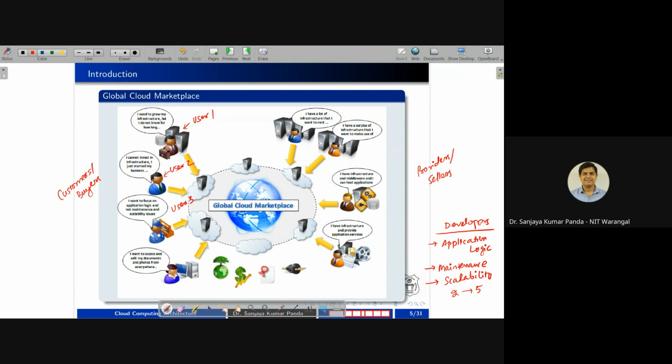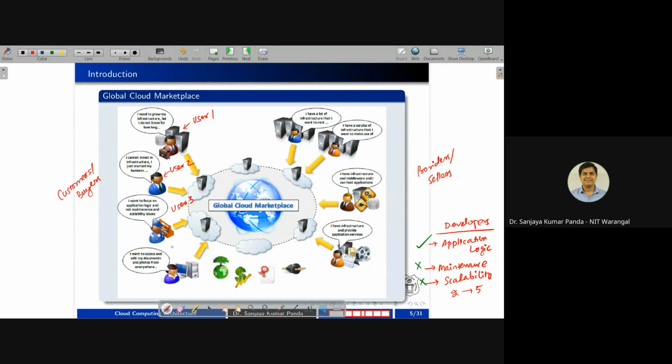But nowadays, because of cloud computing, the developer is only responsible for application logic. They are no more responsible for maintenance and scalability. So who will take care of this? The maintenance and scalability will be given by the cloud service provider in the cloud marketplace. So user three's requirement is also going to be satisfied.